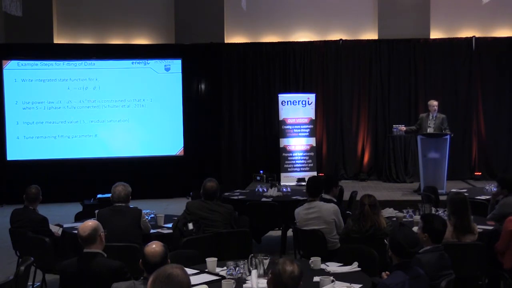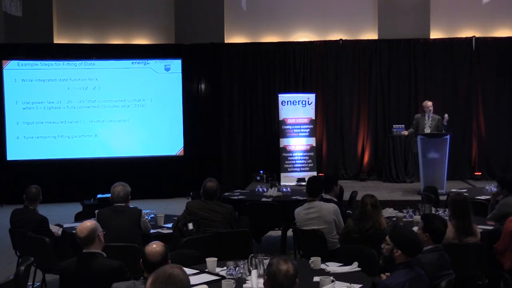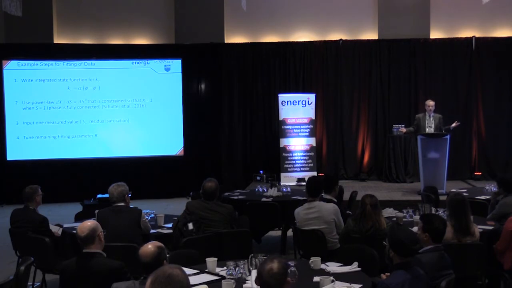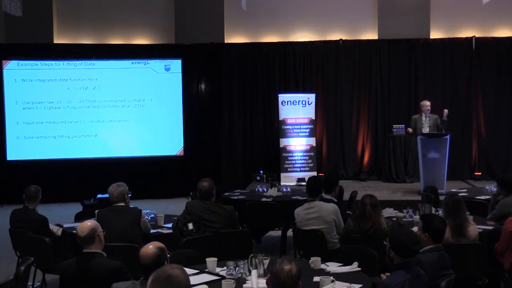And the KR value should be 1 also, so we get rid of some of these constants, okay, right there. And then we have to set one value of SR, because now we're going to have a suite of values of SR, not just one anymore, right? We're going to have a suite of them here as well. But we have to have one value that has been measured, right?